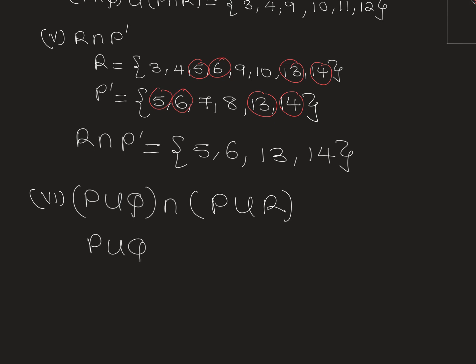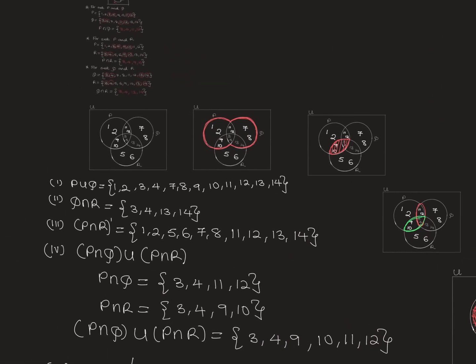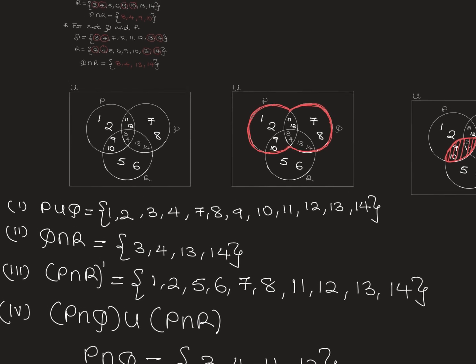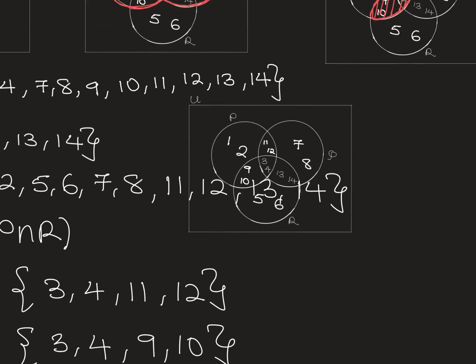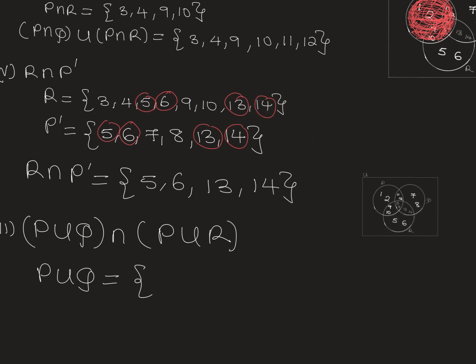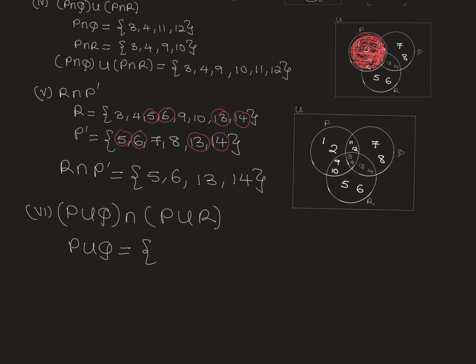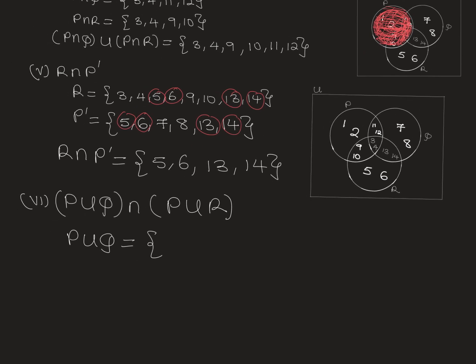P union Q, what are the members? If we go back to the set again, this is the set. So what is P union Q?